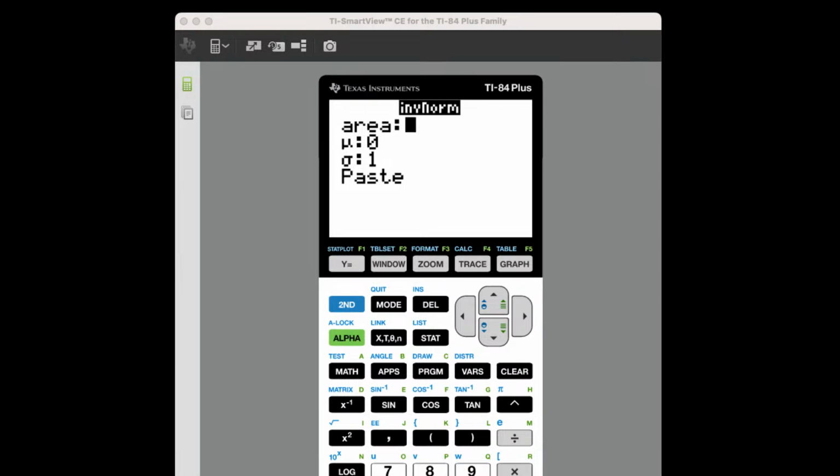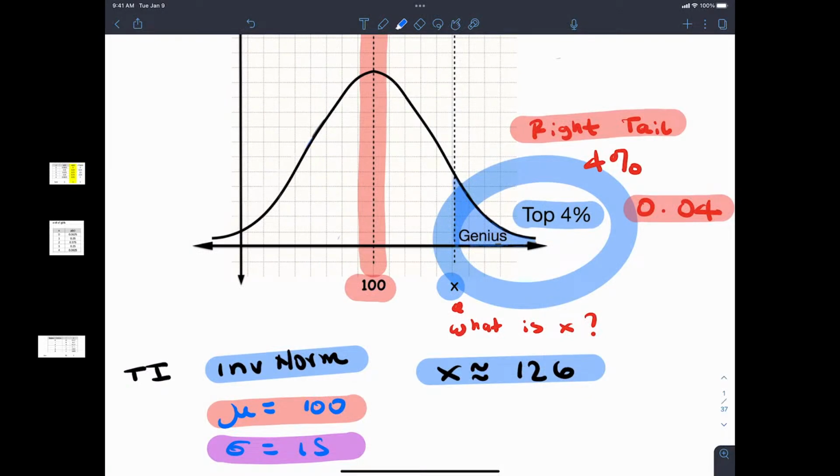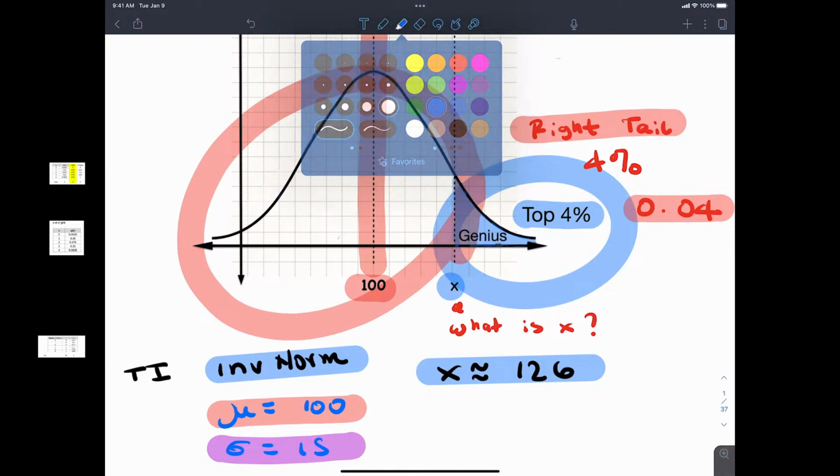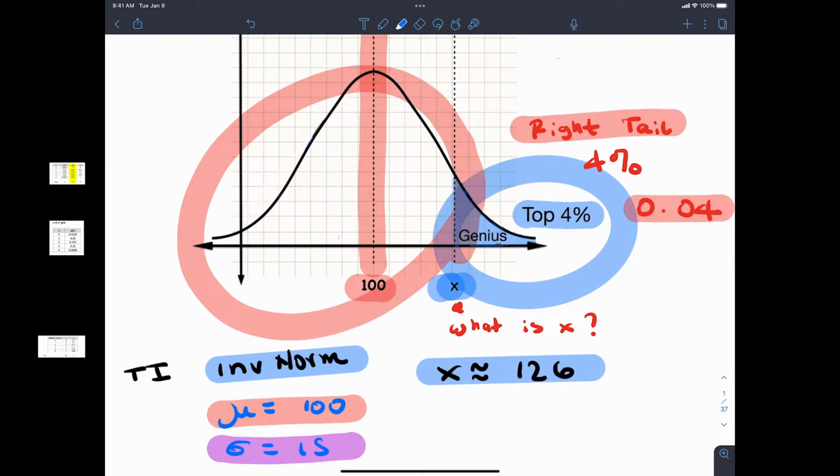So here's what you guys do. I'm going to go back here. There is a default. When you don't have that option, this is what some of you guys are going to have to use. You see this portion of the bell on the left? To the left of the X value. If the top 4% is in that right tail, what's the complement of that?